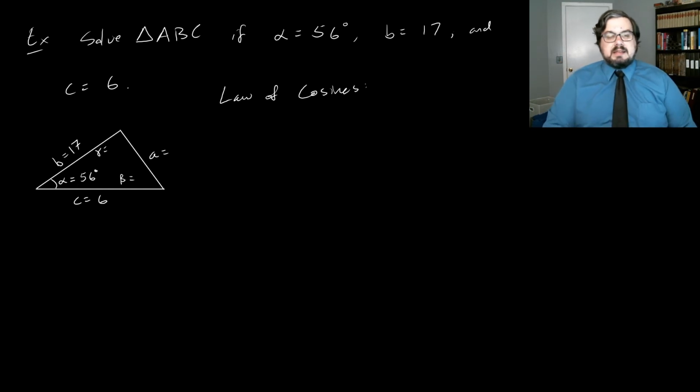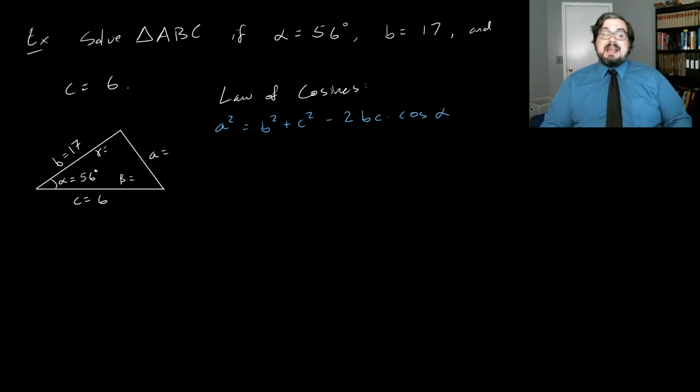So let's see how this goes. In the law of cosines, we want to choose the version where the angle in the cosine, in the formula we use, is our known angle in situations like this where we know one angle and two sides. So we're going to want to use the version of the law of cosines that involves alpha.